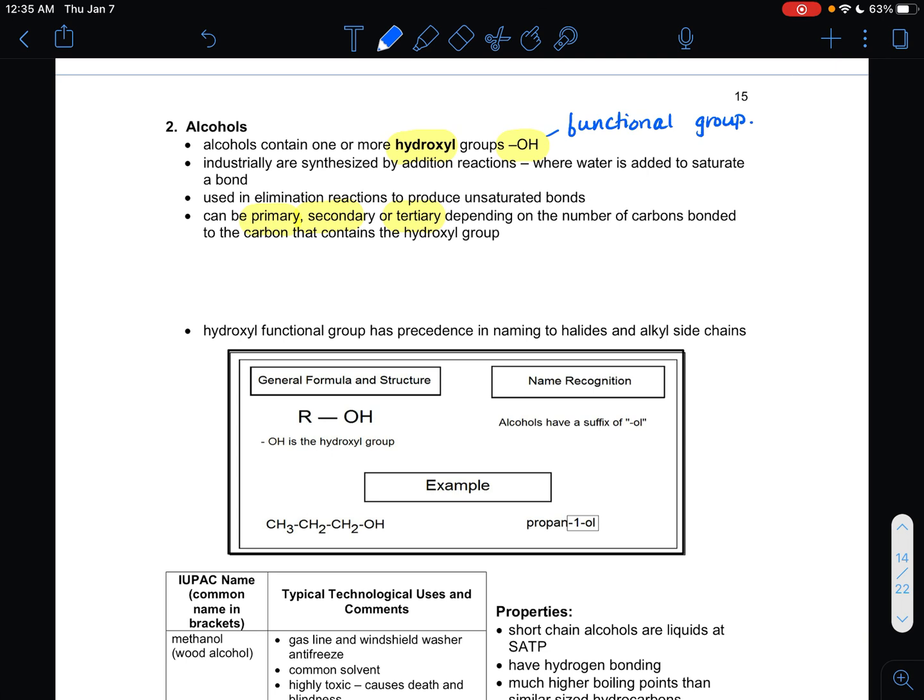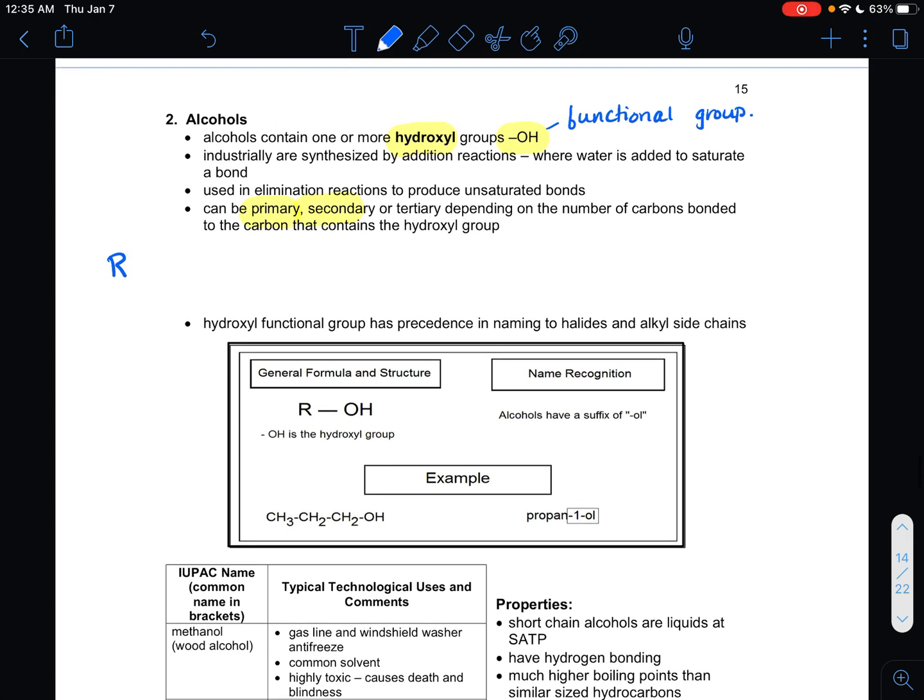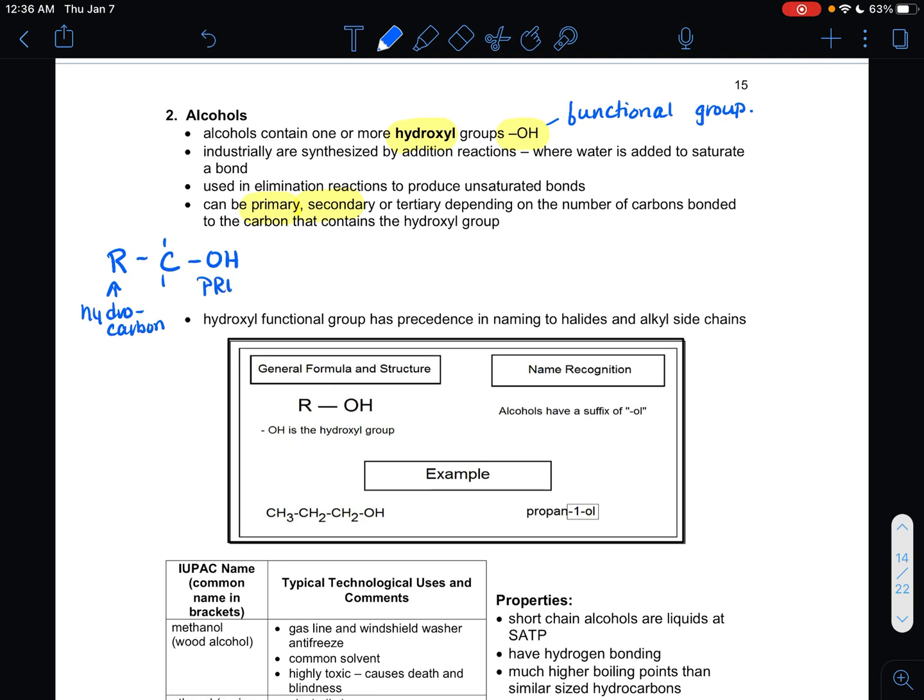So a primary alcohol basically has the hydroxyl group on an end carbon. If R is going to be basically the hydrocarbon chain, and C is a terminal carbon, then the hydroxyl group is going to be on that first one. So that is a primary alcohol.